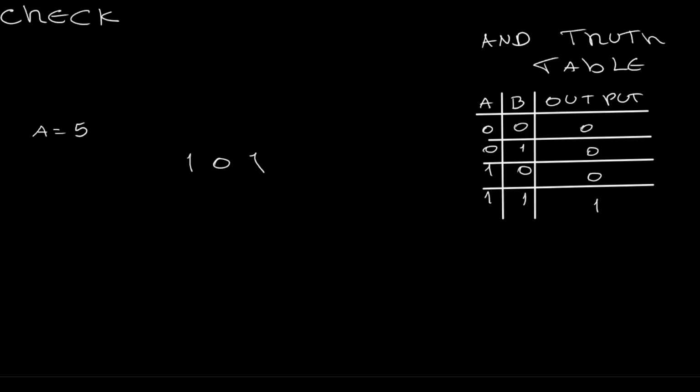So let's check this first bit. All I need to do is to perform an AND operation passing the value 1. In this case I will have 1 and 1. I have 1. So I know that the first bit is 1. Let's go to the second bit. I perform an AND operation passing the value 1.